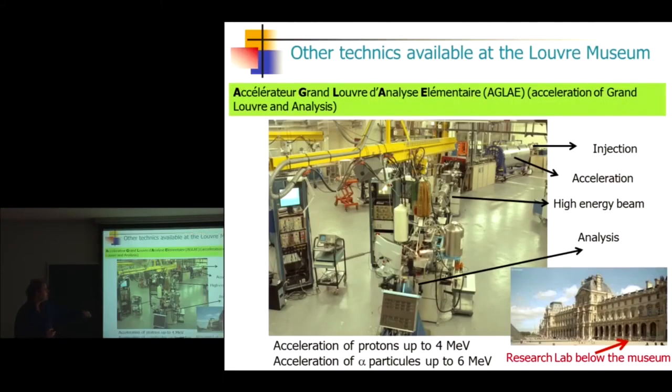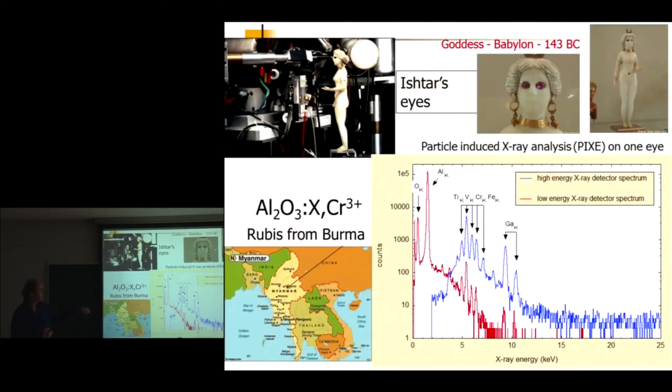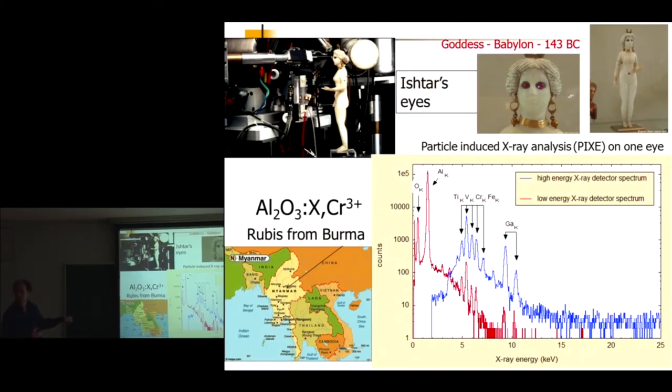They looked at the signature of the impurities, and they could determine that the ruby comes from Burma, which we call Birmanie in France. So this is a part of Asia.